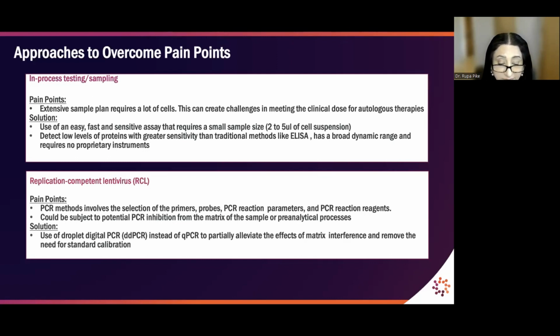Also, with this type of assay, there could be a problem with PCR inhibition from a matrix of the sample or the pre-analytical process. So the solution here is to use droplet digital PCR, commonly known as ddPCR, instead of qPCR, to partially alleviate the effects of the matrix interference and remove the need for standard calibration.